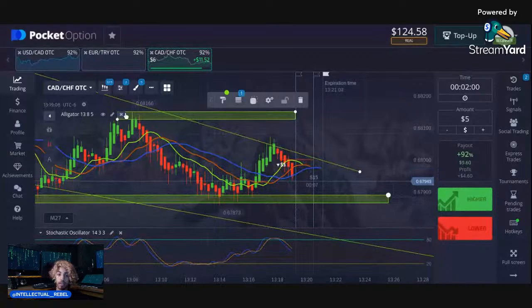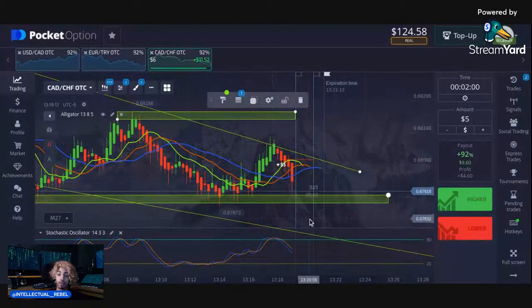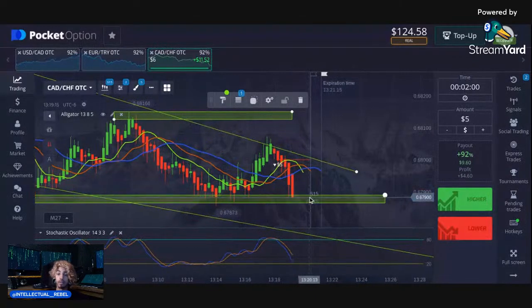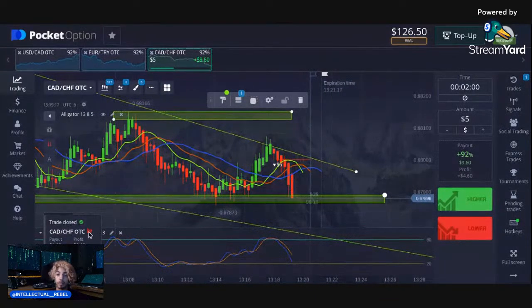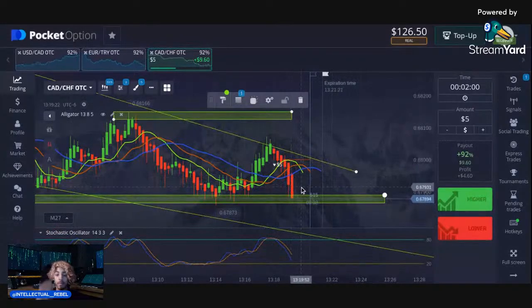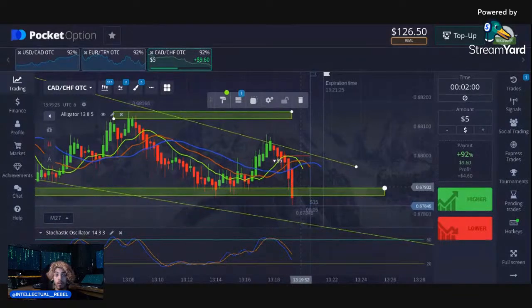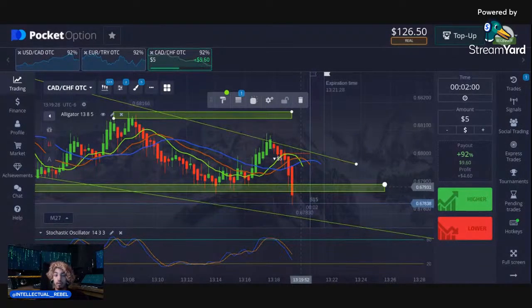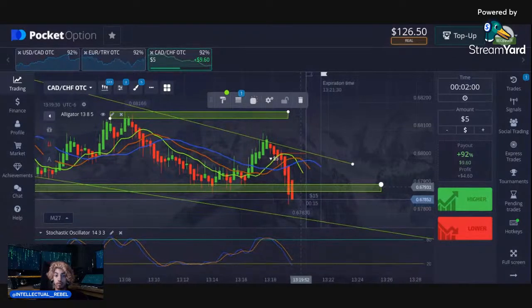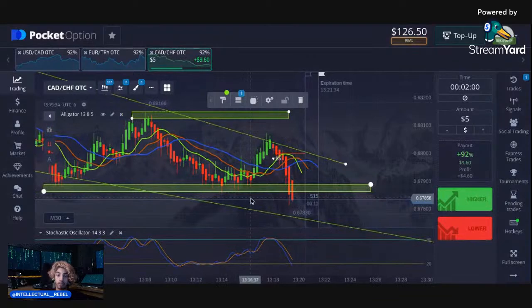Because this is a high, it's a low. A high, a low, and then a lower low. And that's a downtrend. So the first one, that one was good. That one smacked. Hey, what? Past that. See that?